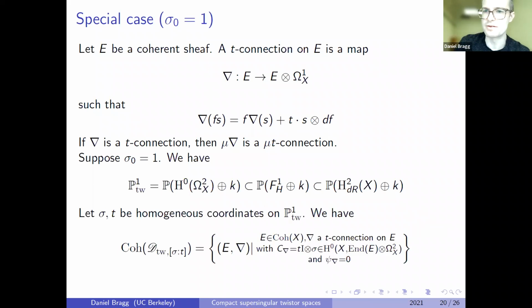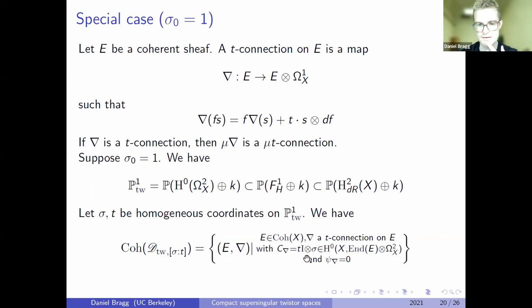You can unravel all this stuff, and you get that giving a coherent sheaf for this twistor algebra D over a point in this P1 is the same thing as giving what I wrote on the right hand side: a coherent sheaf with a T connection whose curvature is equal to T tensor the symplectic form, and also then there's a p-curvature condition.